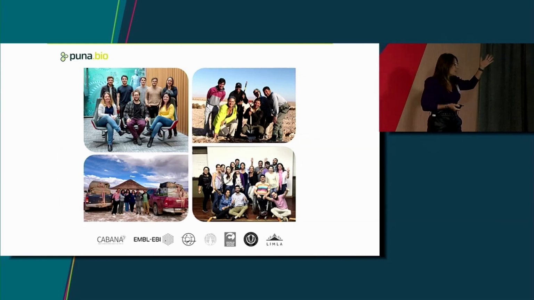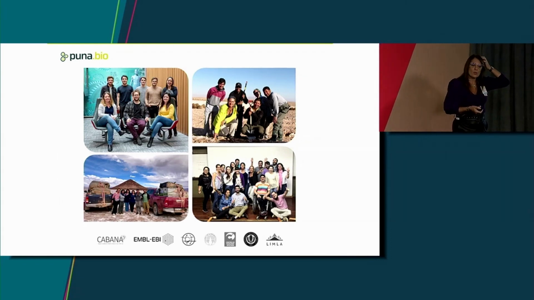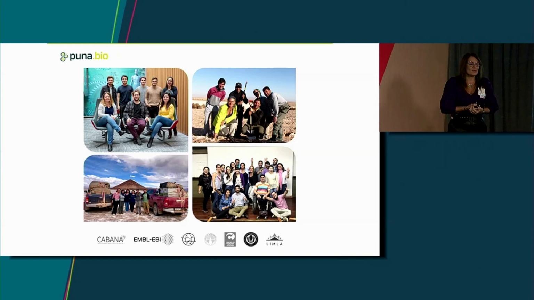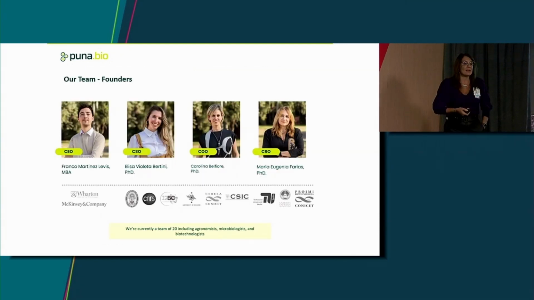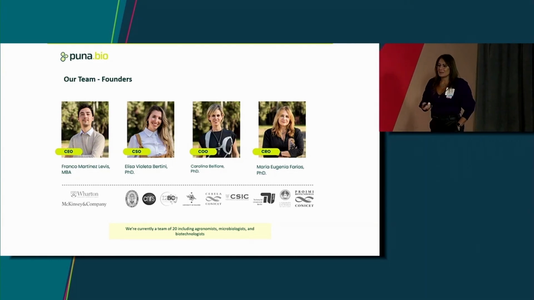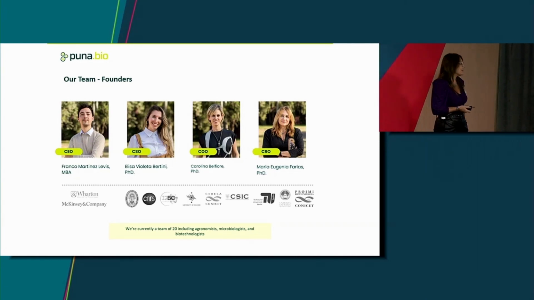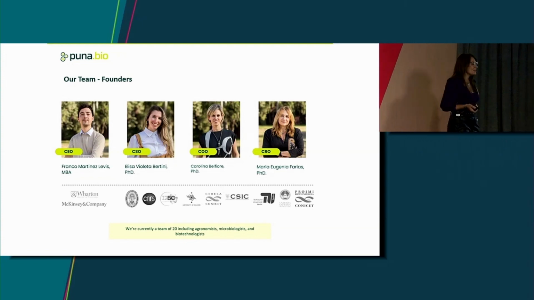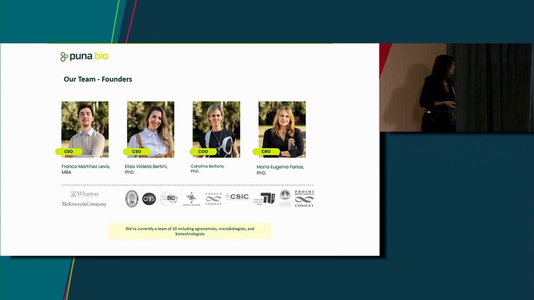So I introduced the part of the team that was going with us to produce all this knowledge during all this year. Now my partners that are scientists, Elisa and Carolina, were from the team that did science with me and came to the startup, and Franco Martinez Levy, who is our CEO and is in business.